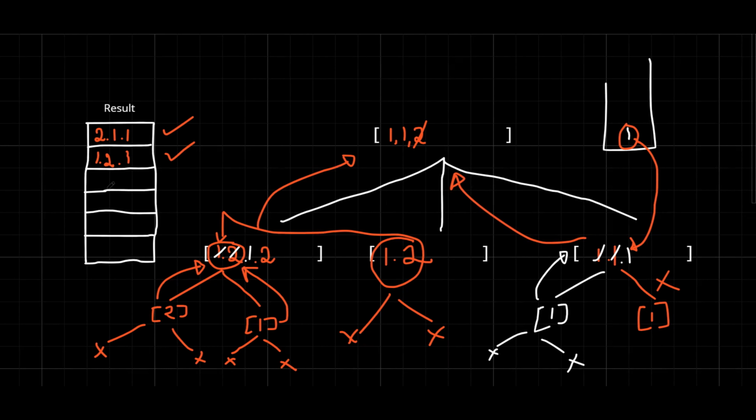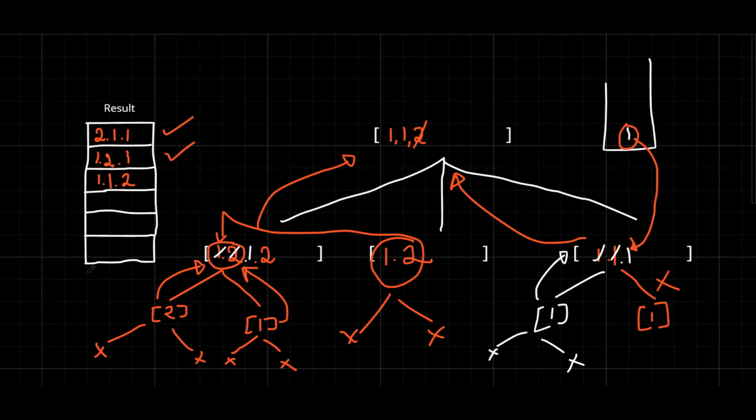So we have to insert 1 here and 1 here. And before exploring the path, we have ignored the value 2. So we have to insert the value 2 here. Now we have explored all of the permutations of this vector 1, 1 and 2.